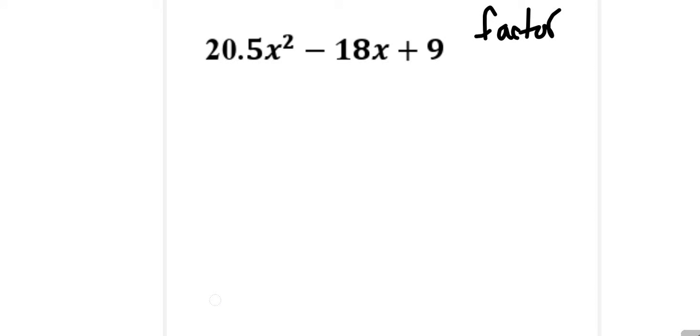A couple of observations: when it's negative here and positive here, we automatically know that your factoring is going to consist of a negative times a negative, because a double negative makes a positive. A negative times a negative gives us that positive. So just keep in mind that we're basically going to be adding negative numbers.